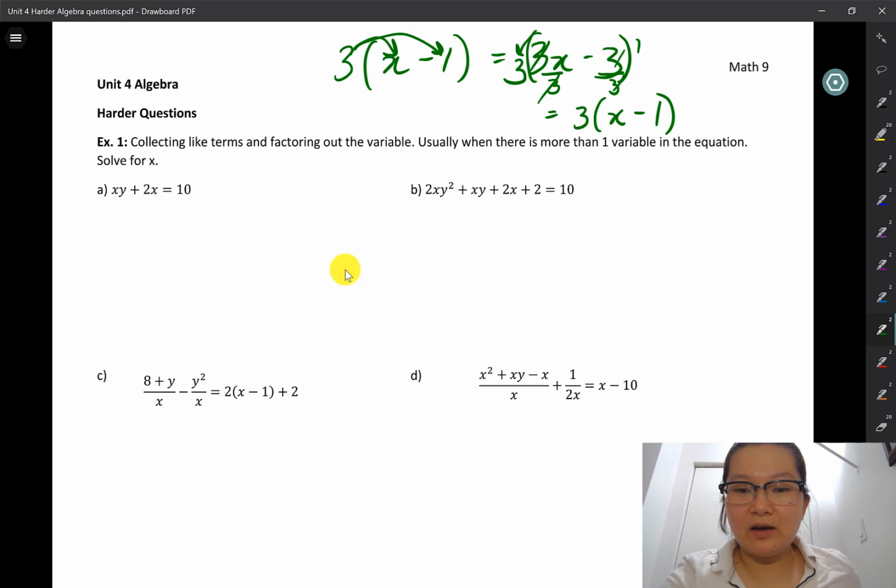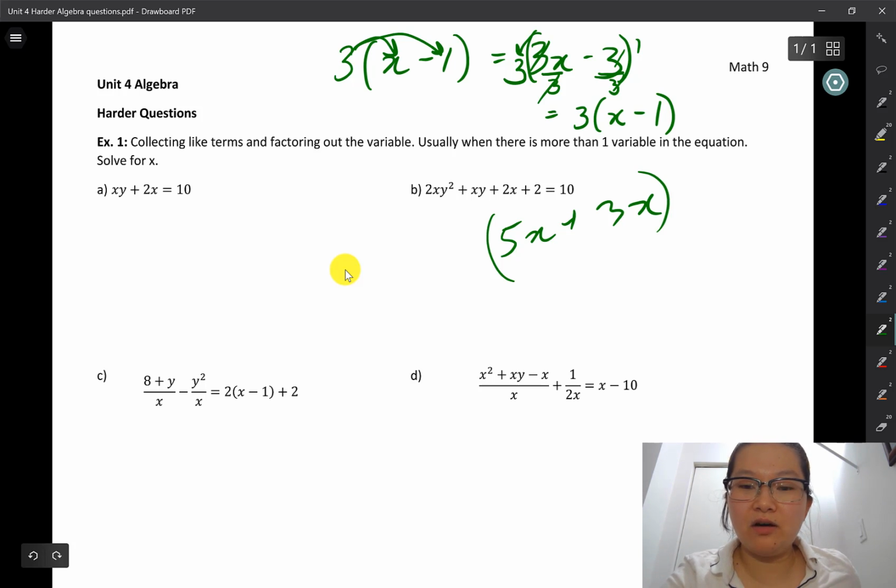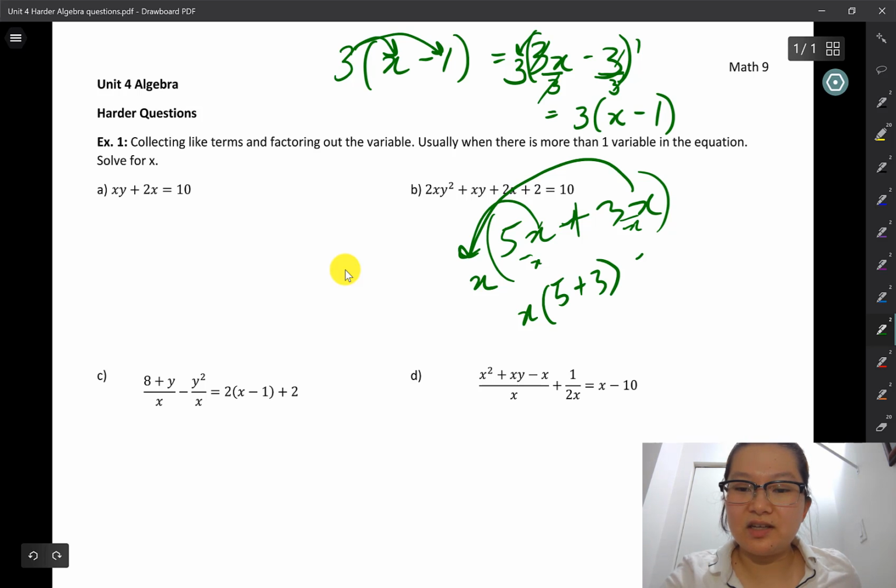Technically, for 5x plus 3x you could factor the x out: I divide both of them by x, I get the x on the outside, and then I have 5 plus 3. That's just 8x. But you know that I can just combine 5x plus 3x, that's 8x.